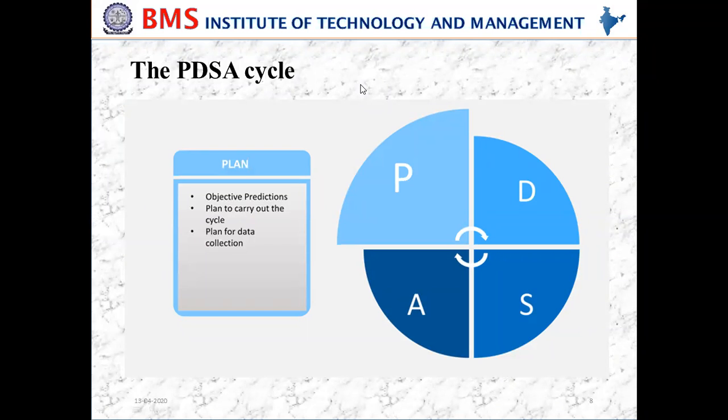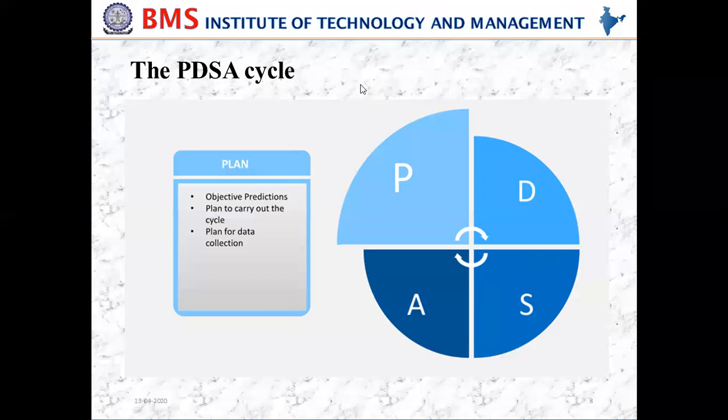So how do we start the PDSA cycle? Generally you go with plan, then do, then study, then act. In simple words, plan means what you want to do is made into a plan, in the plan phase. Do means do it, so what you planned, you do in the do phase.